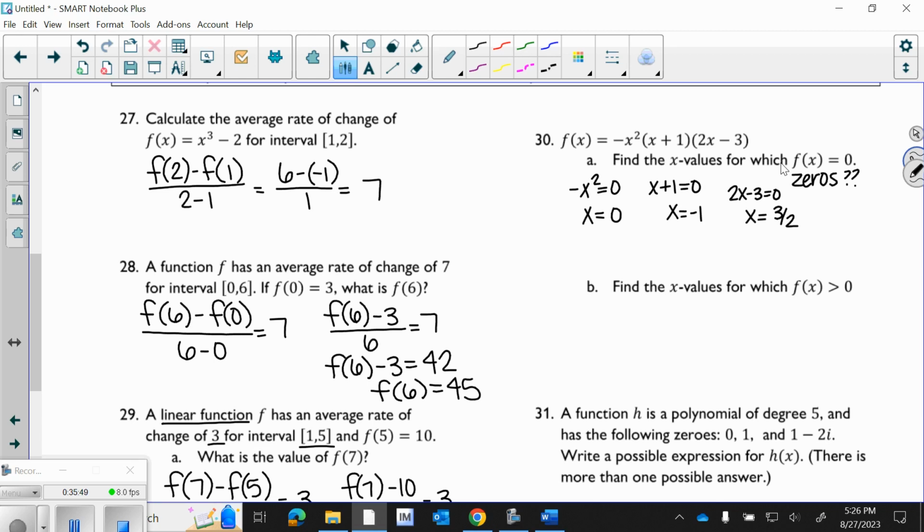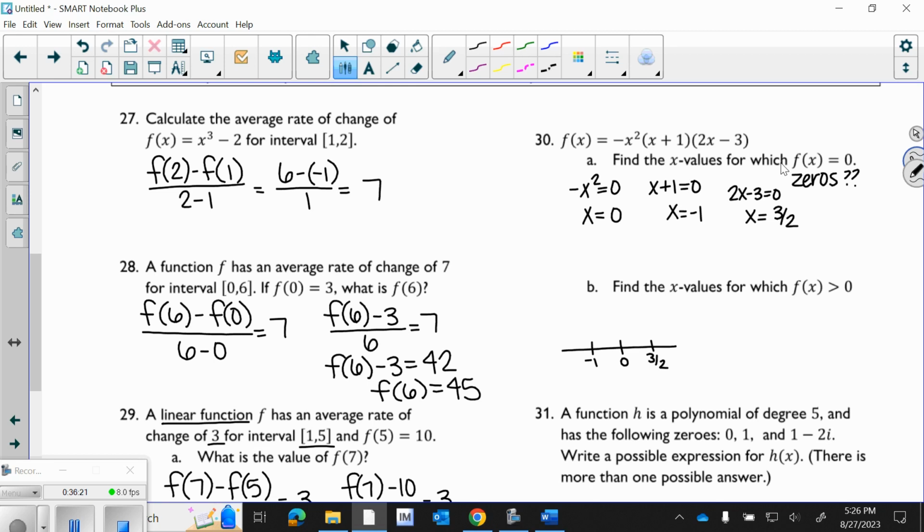If I count up my exponents, I have 2, 1, and 1, which tells me I have a degree of 4. So that's an even degree. Both ends of this graph are going to do exactly the same thing. I also know exactly where this graph is going to cross. It's going to cross at -1. It's going to cross or touch at 0, and then also at 3/2.